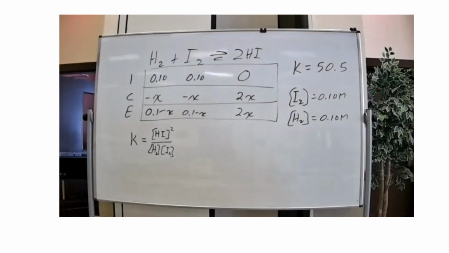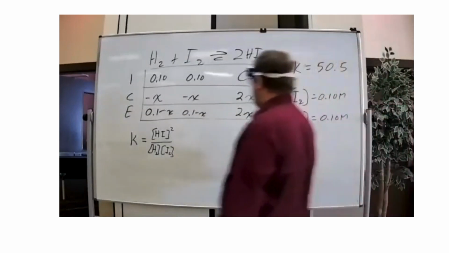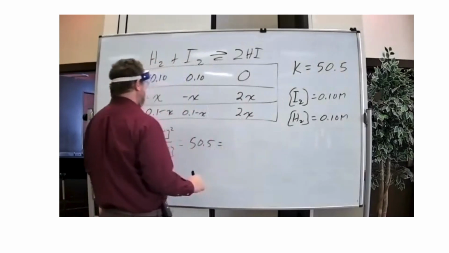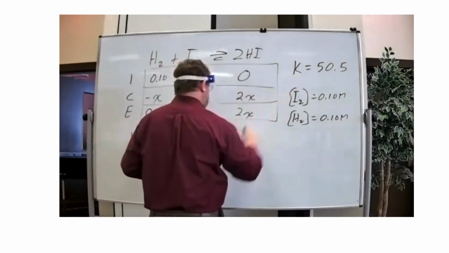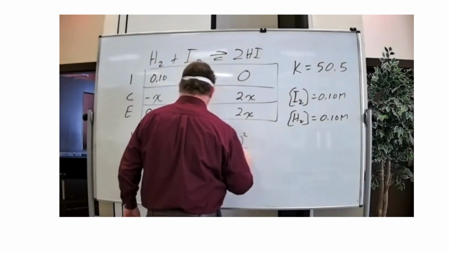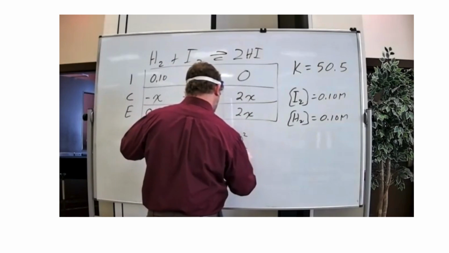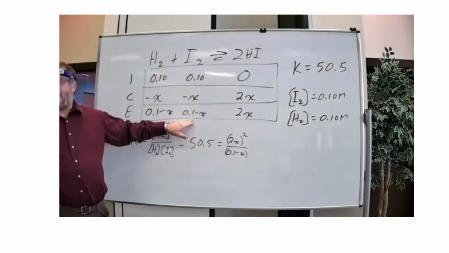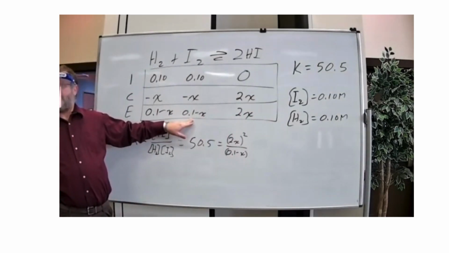So this is my equilibrium expression. And I know that K is equal to 50.5, and that's equal to my 2x squared over 0.1 minus x for this one, and this is 0.1 minus x. Are you okay if I put a square there instead of writing it twice?